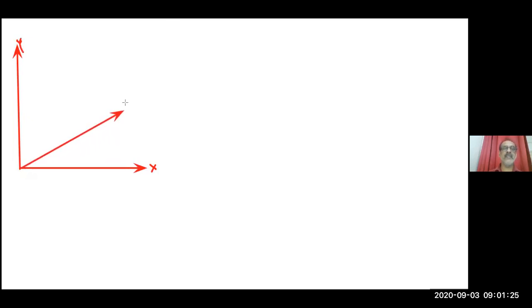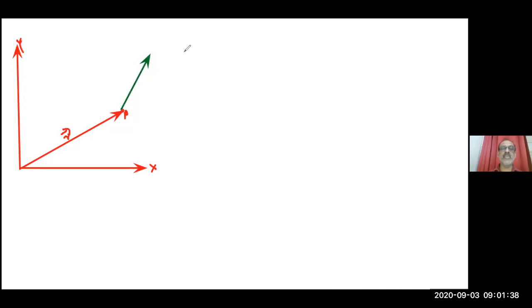Have you written the notes yesterday? Yes, sir. So check the diagram. We assumed the y-axis here, this x-axis. This is a position vector R, to this point P. Here we are exerting a force.